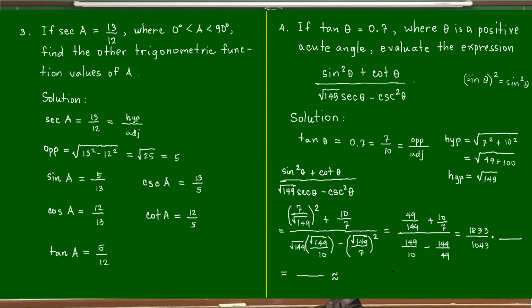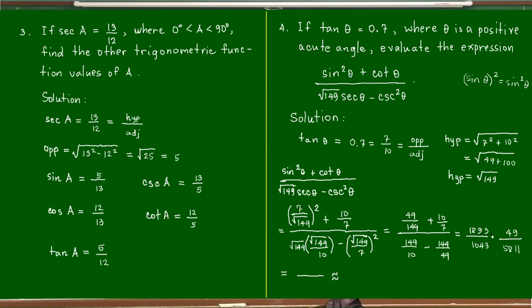And then the denominator is 149 divided by 10 minus 149 divided by 49, which equals 5811 over 490. But since we divide, we take the reciprocal, so we get 490 multiplied by the reciprocal.